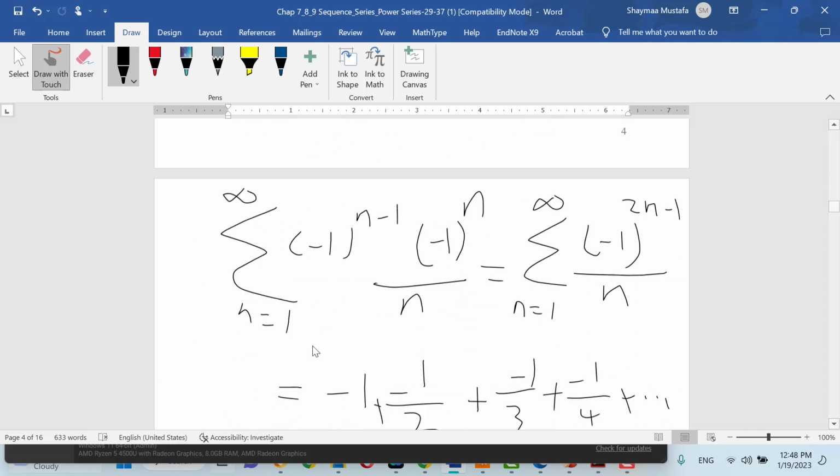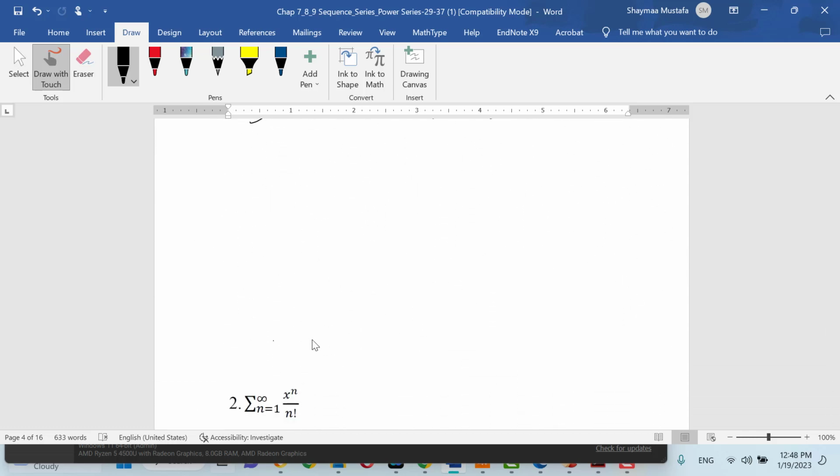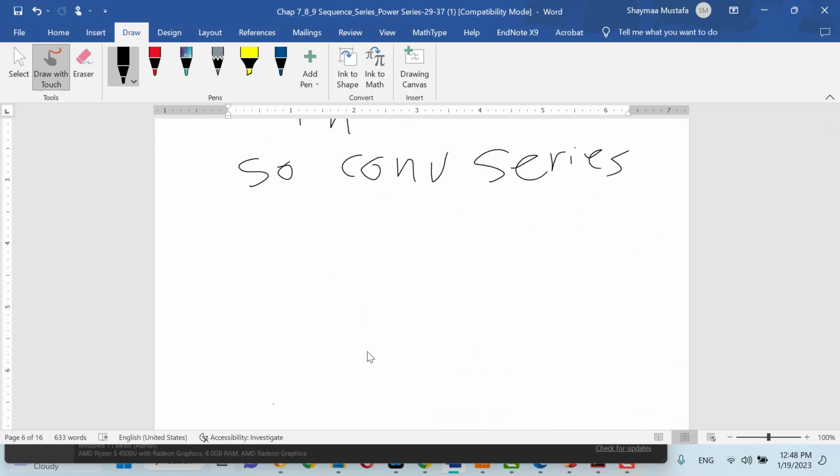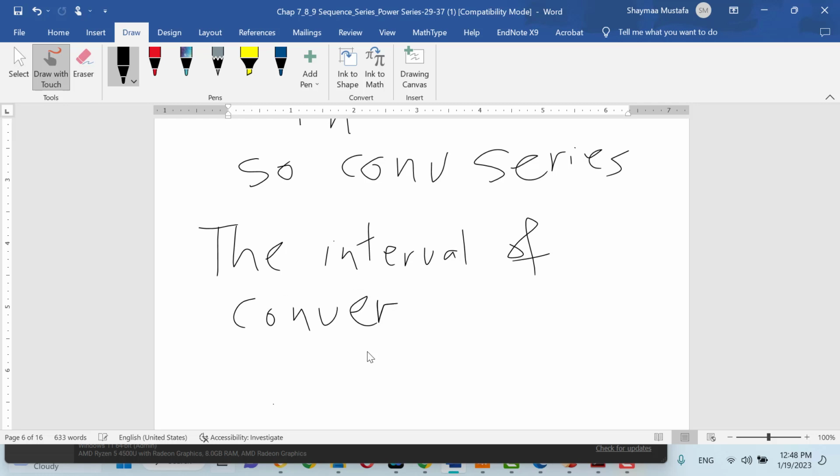So our interval of convergence will be from minus 1, where minus 1 is not included, but 1 is included.